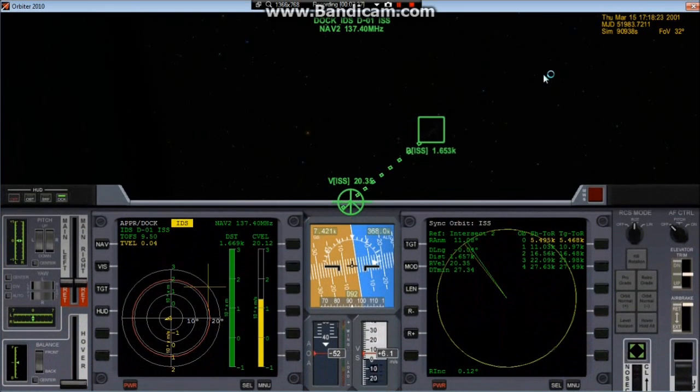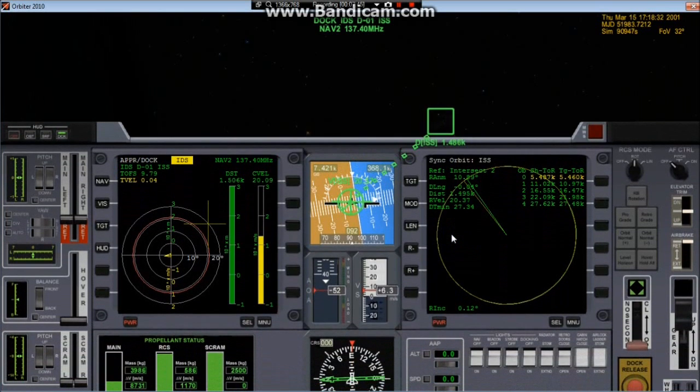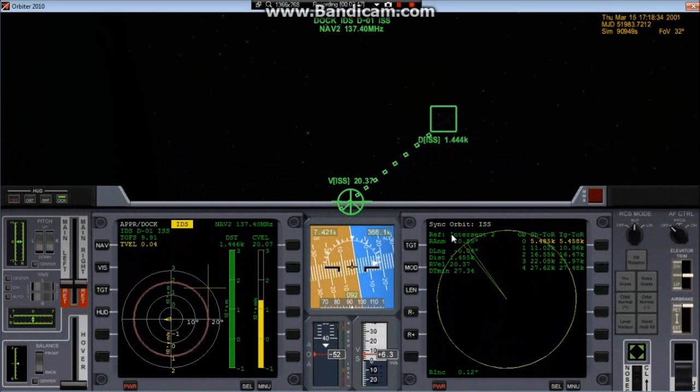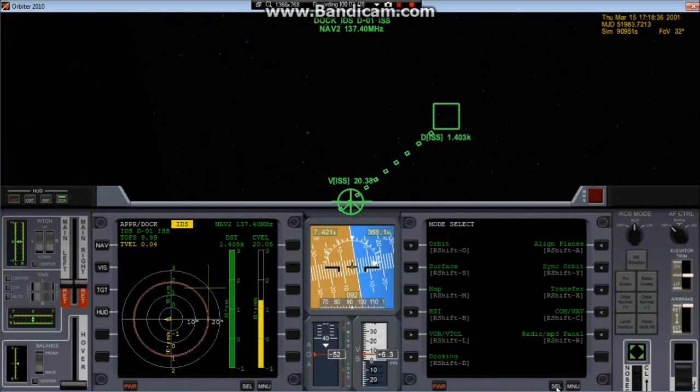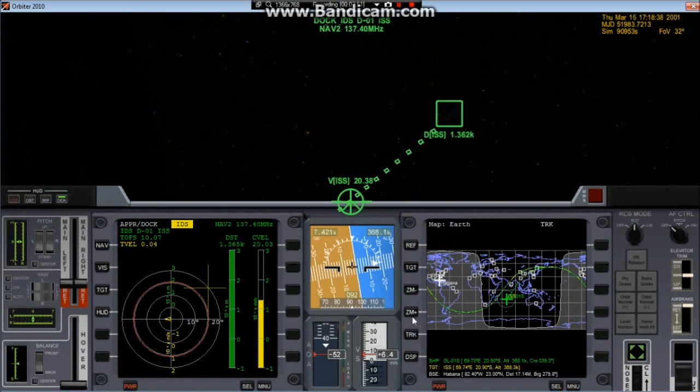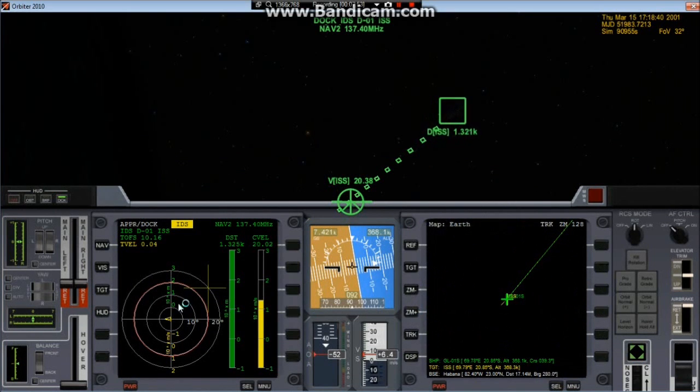When we get within about 900 meters, you should start to hear the radio squawking at me, telling me that we're getting close. Their docking light is on. Our nose cone is open. Sync orbit is no longer of concern. And we have the docking fully configured.